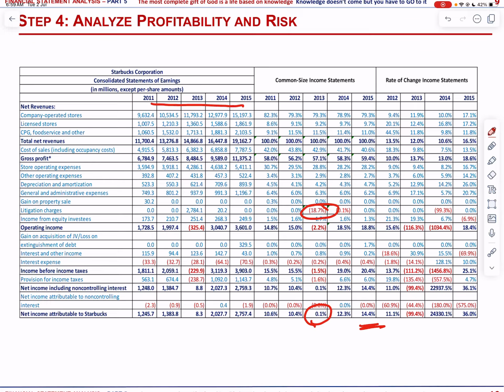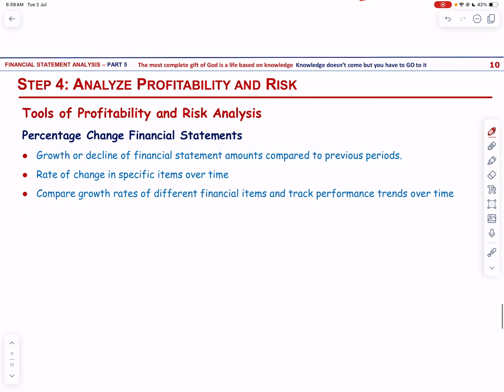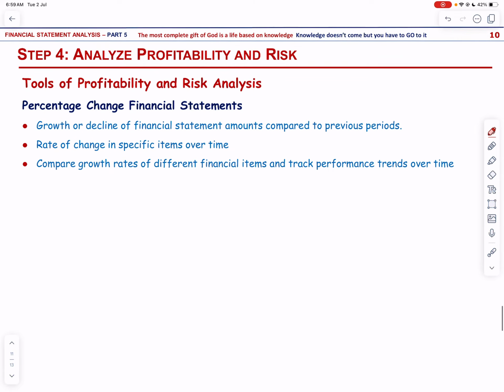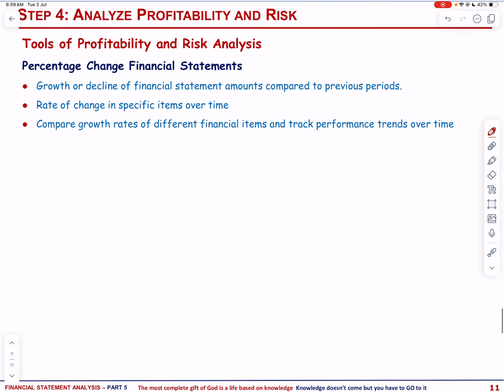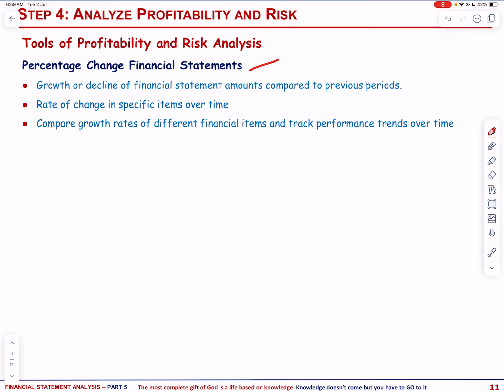Next, let us talk about another analytical tool called percentage change financial statements. Percentage change financial statements indicate the growth or decline of financial statement amounts compared to previous years.